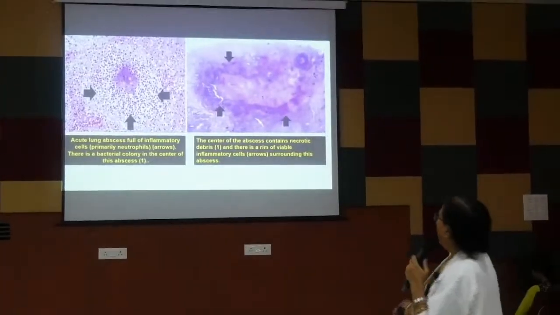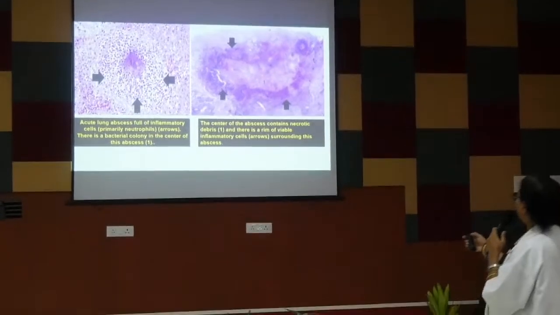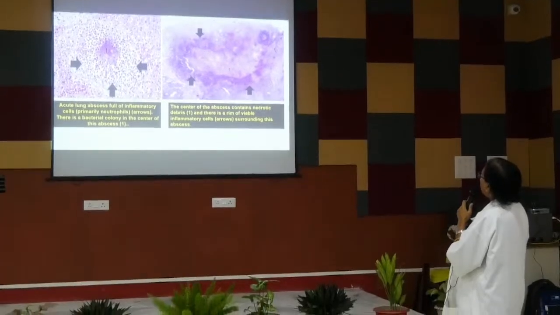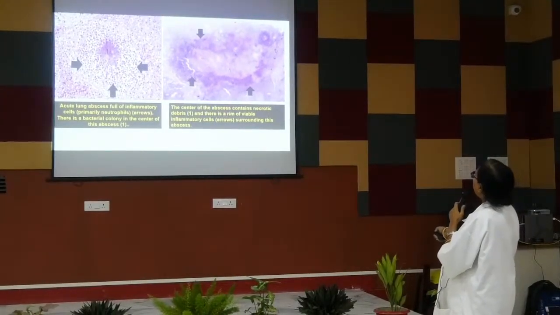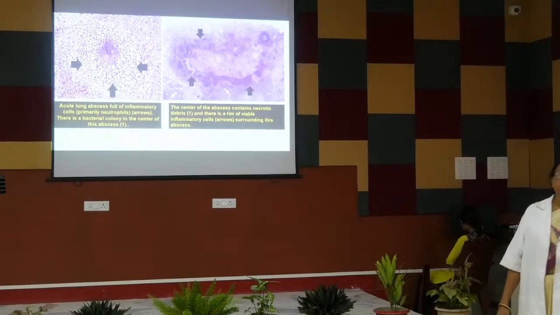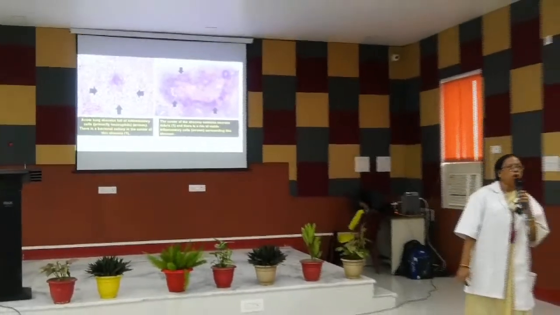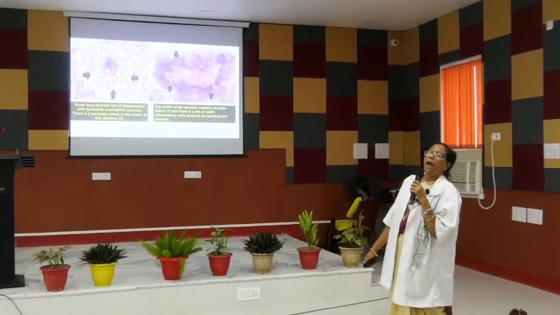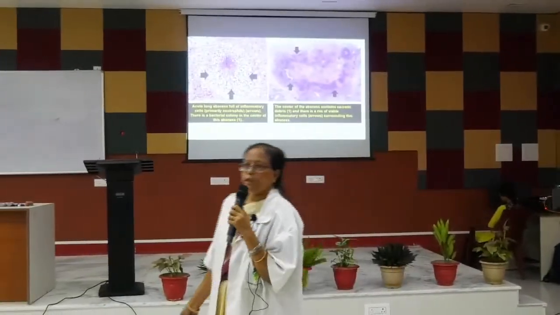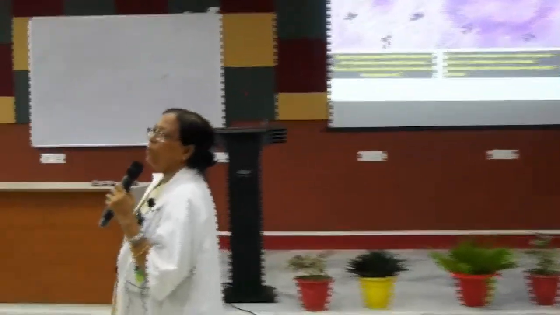When you see the center of this, it is necrotic material surrounded by the pyogenic membrane, and inflammatory exudate surrounding this pyogenic membrane, forming the abscess. So this is the microscopy. In the acute condition you get acute inflammatory cells, and in the chronic condition chronic inflammatory cells. In chronic cases, it is lined by the pyogenic membrane, and in more chronic cases, lined by fibrocollagenous tissue.